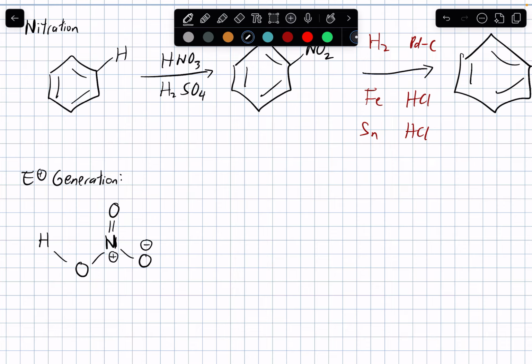So apparently, nitrogen, in the periodic table, so we have B, C, N, O, F, Ne. Group 3, group 4, group 5. Nitrogen is maximum 5 electrons. That's why this is positive, because it only has 4 connections.